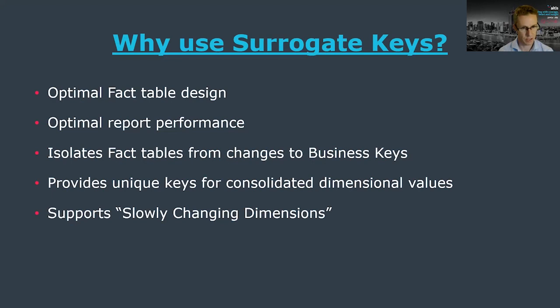Using surrogate keys, as we would have inserted a new record into that dimension, we get a brand new surrogate key. So from a fact table point of view, that relationship would pertain to the relevant record as it was at its point in time for tracking changes. So it does support slowly changing dimensions a lot better than if we were using business keys.